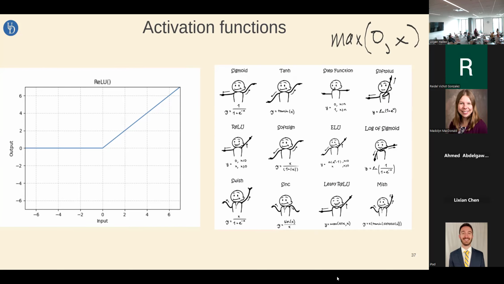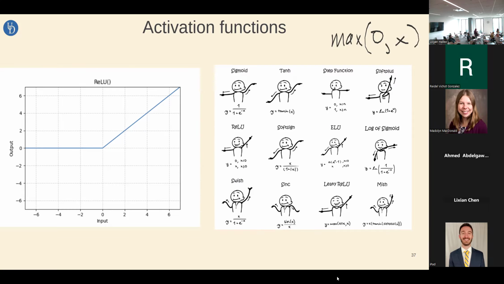But there's also a whole bunch of other activation functions. This is a cute little cartoon on the right, which showcases some of them. The most important ones to know about are sigmoid and softmax, which I can talk about in a bit.